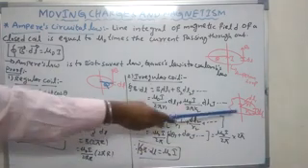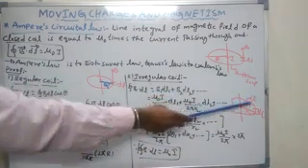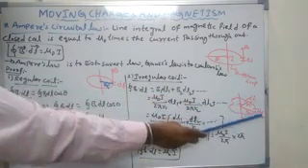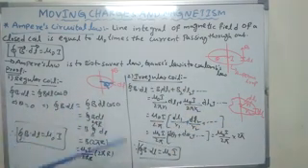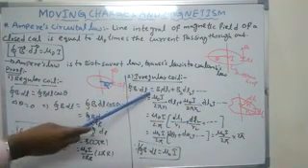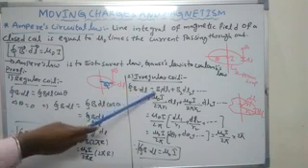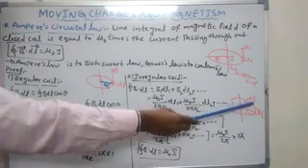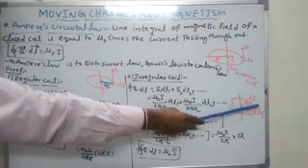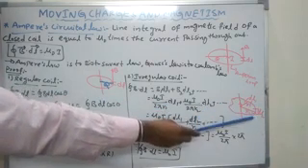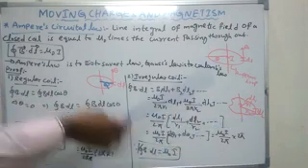Here we consider one dl1 element, dl2 element, like that n number of small elements we divided. Then the closed integral B bar dot dl bar is equal to: for dl1 element the magnetic field is B1, for dl2 element B2, for dl3 element B3, like that n number of elements.